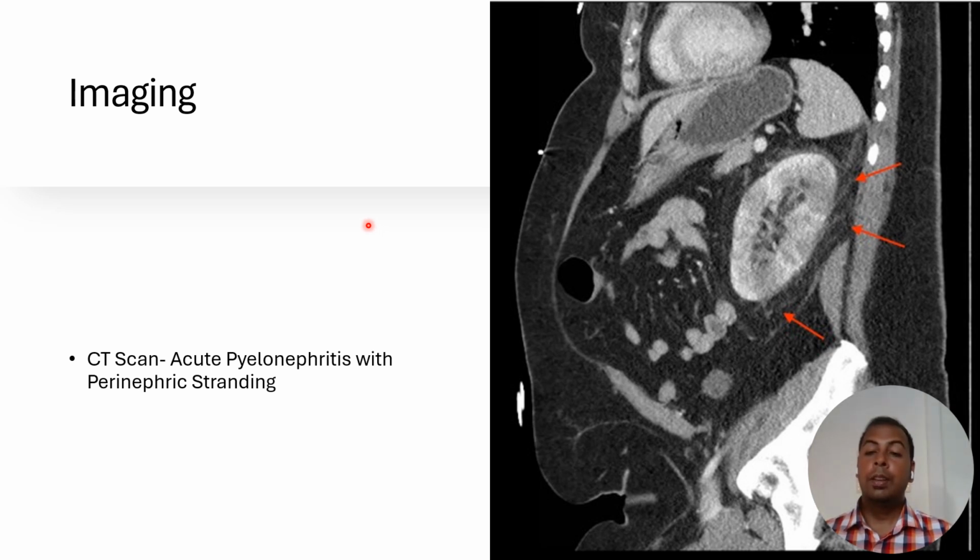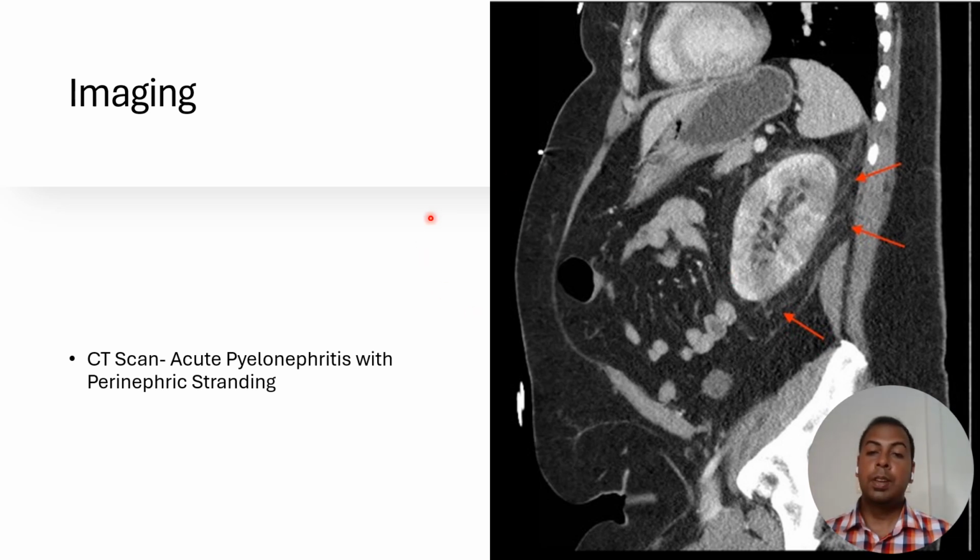So in those cases, we may want to do imaging on the patient to look for any complication, like they may be developing a perinephric abscess or renal abscess, which may be the cause of them not responding to treatment. And those are some typical reasons why we would want to do imaging.